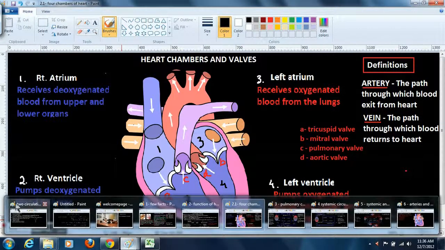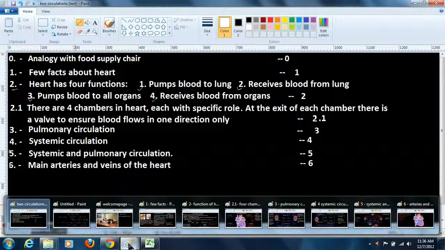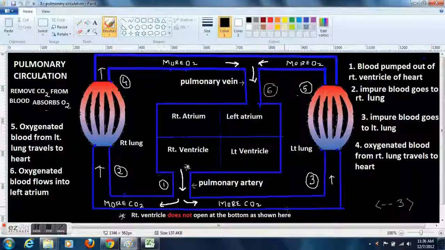Now let us learn the next thing, that is pulmonary circulation. Let me show you the diagram. This is a little bit details.